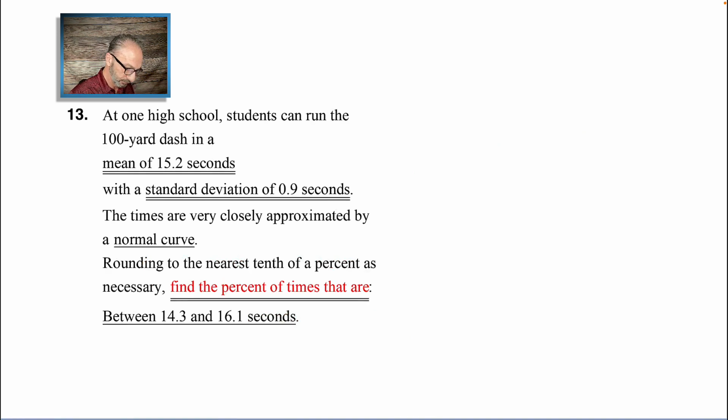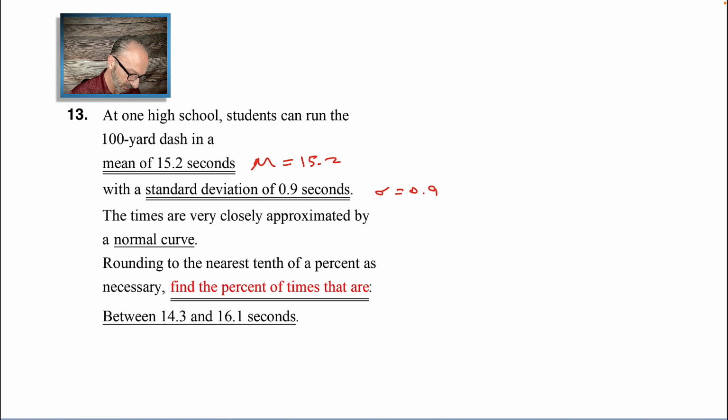Number 13. Well, this right here, it says between. So we have the same concept, except the keyword between. So here we go. The mean is 15.2. The standard deviation is 0.9.